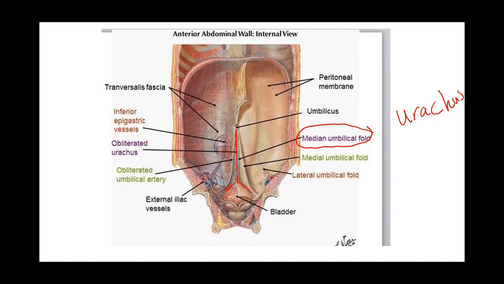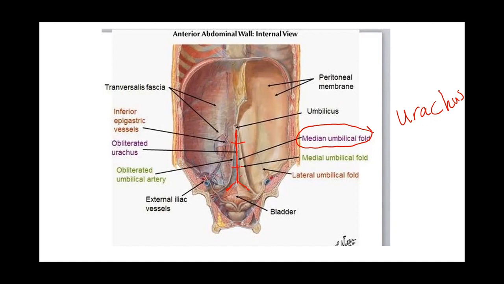urachal sinus, it could be a patent urachal cyst, or it could be a bladder diverticulum, depending on what parts of this urachus obliterates, whether it's the proximal portion, distal portion, or proximal and distal portion.